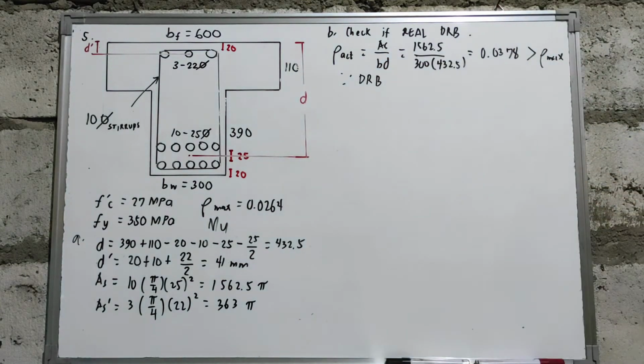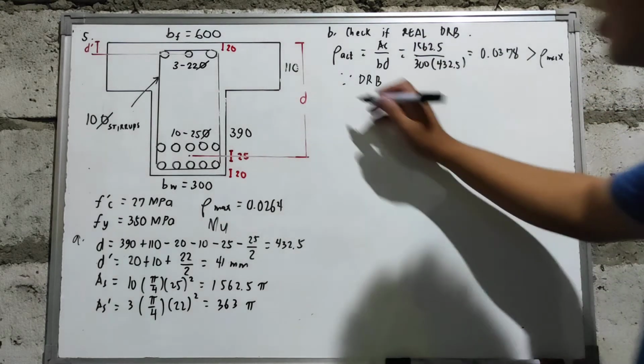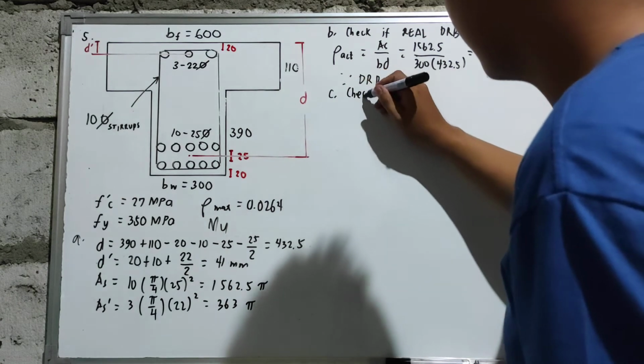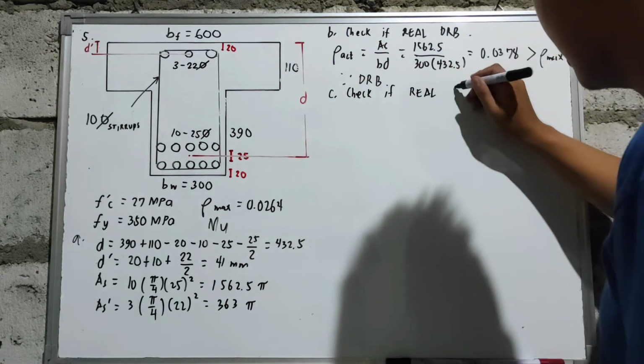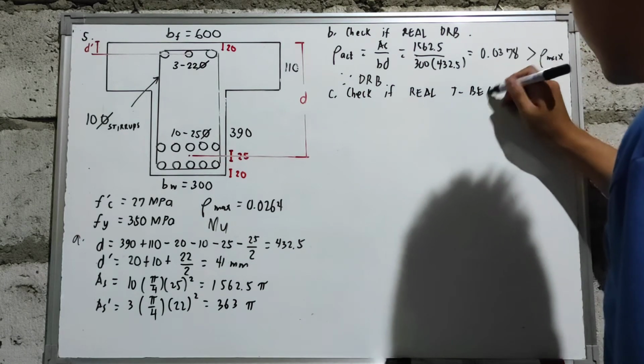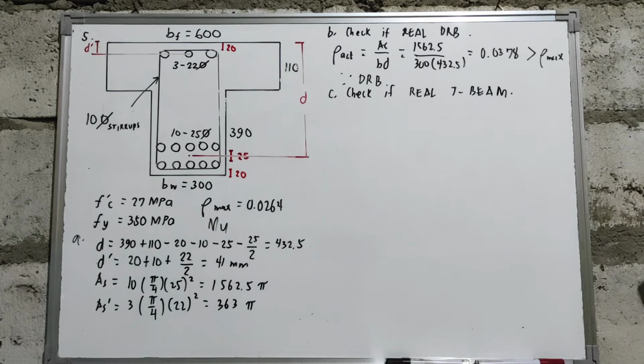reinforced beam. So after checking if your beam is a real DRB, next naman, we're going to check if our beam is a real T-beam. Sir, how we will going to check if that is real T-beam?